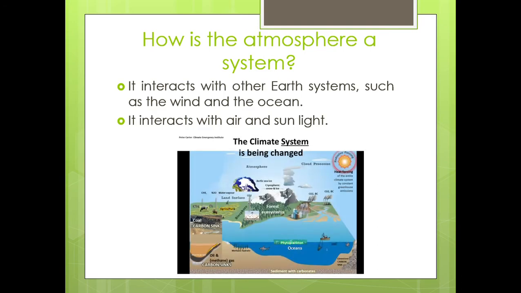Here we have a picture of a little bit of everything that I was talking about. We have the interaction of the ocean and the wind, but we can also notice some industries, and you can notice that those industries are producing carbon dioxide, or CO2.